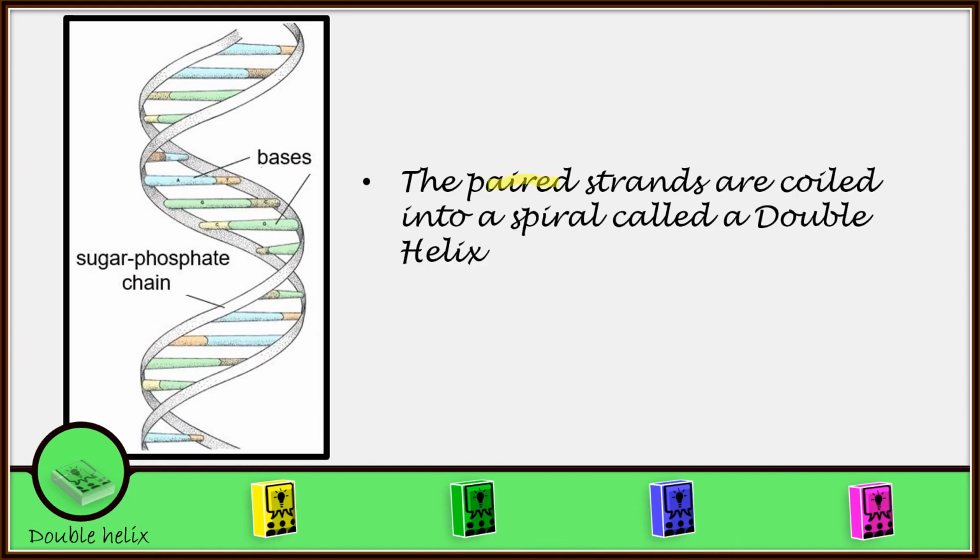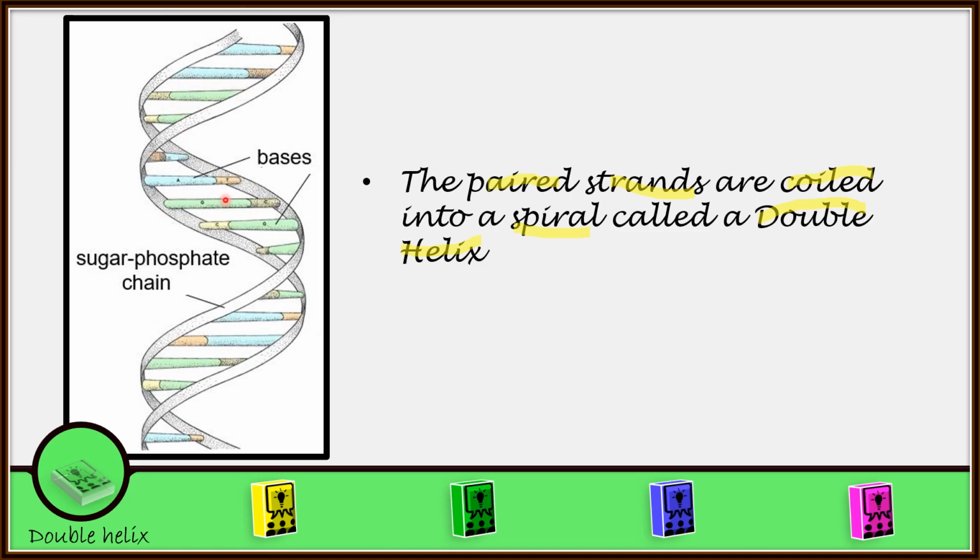The paired strands are coiled into a spiral called a double helix. Now we have two strands, and these strands, we are calling them the paired strands. There is this strand here which is coming like this, and then there is a second strand here which is coming like this. These strands are joined together by the bases.